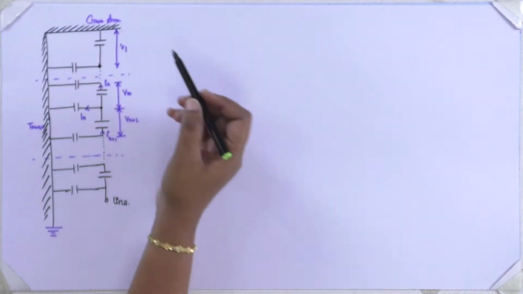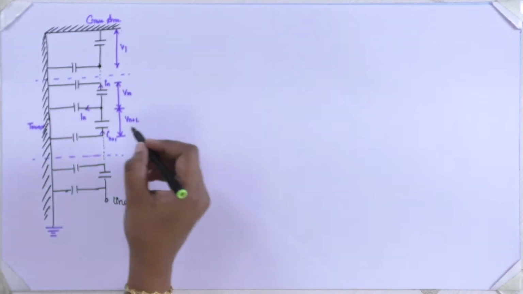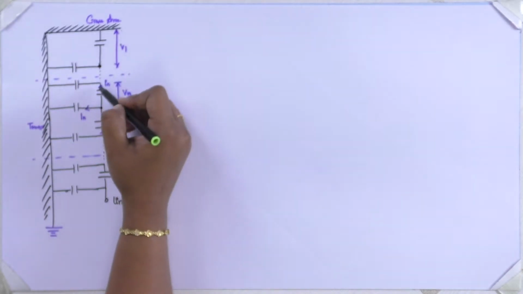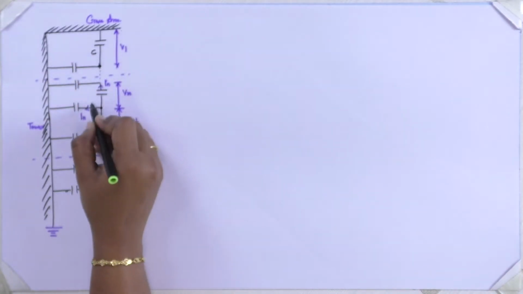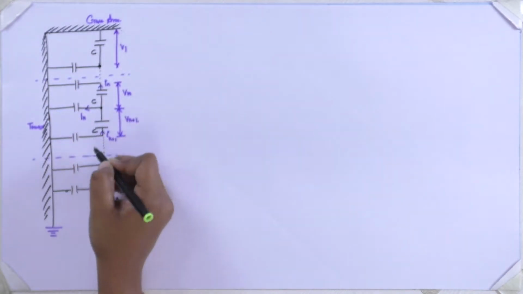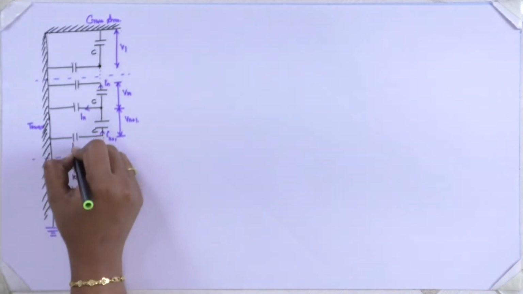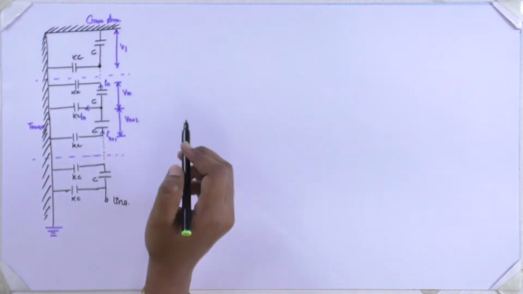So this is the tower cross arm, and this is the series, the diagram we have drawn before. This is the first insulator, connected to this is the insulator with capacitance C, C, C and C, and here it will be KC, KC and KC.